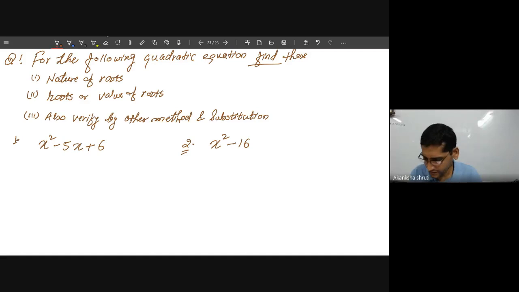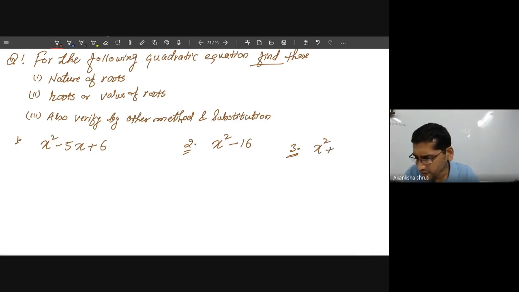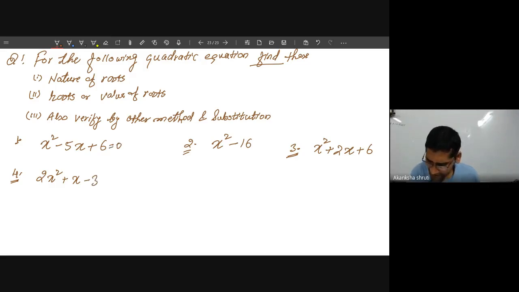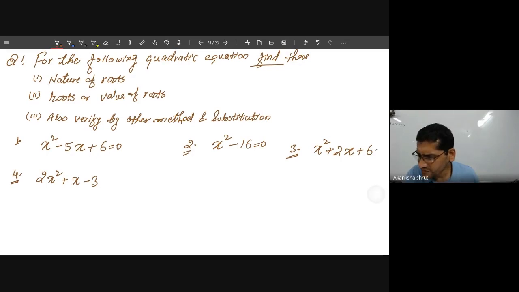The third equation, let us take this as x square plus 2x plus 6. The fourth equation, twice of x square plus x minus 3. We are taking equations, so equate all of these to 0.